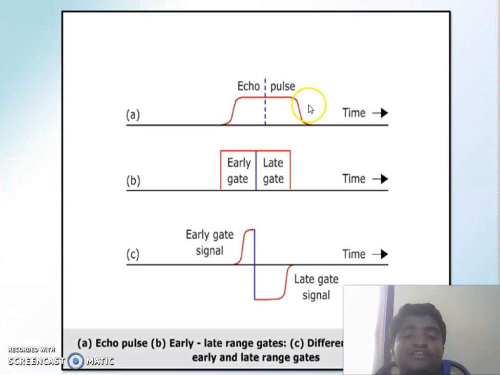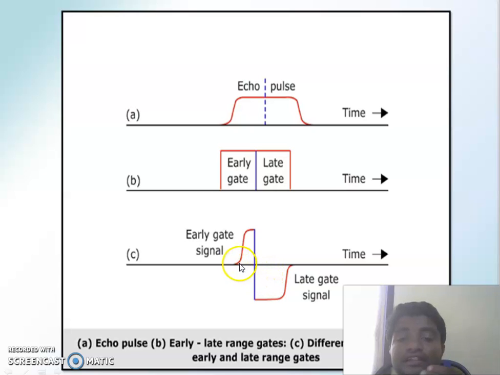The first figure is the echo pulse, the second waveform is the early gate and late gate, and the third waveform is the responses of the early gate and late gate. At a particular instant of time, the signal energy present in the early gate is small, and the signal energy present in the late gate is high.